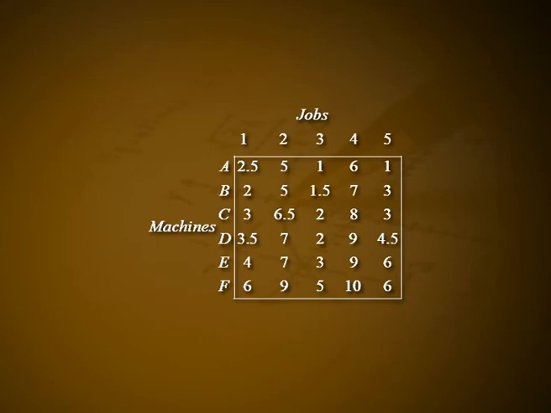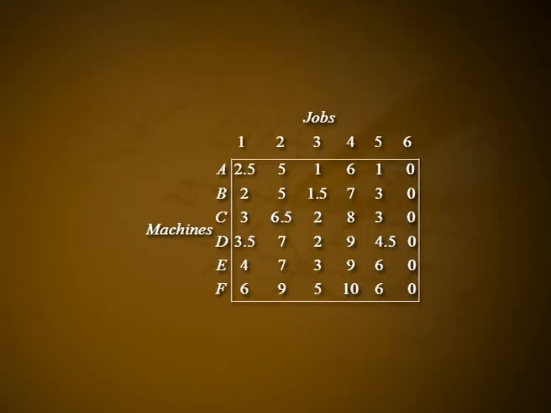For B 2, 5, 1.5, 7, 3. For C 3, 6.5, 2, 8, 3. For D 3.5, 7, 2, 9, 4.5. For E 4, 7, 3, 9, 6 and for F 6, 9, 5, 10 and 6. Solve the problem assuming that the objective is to minimize total cost.